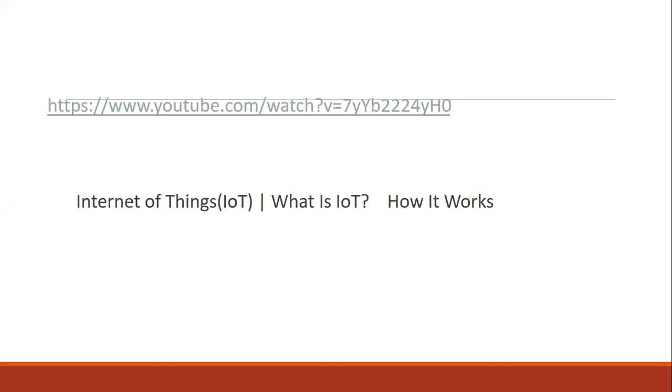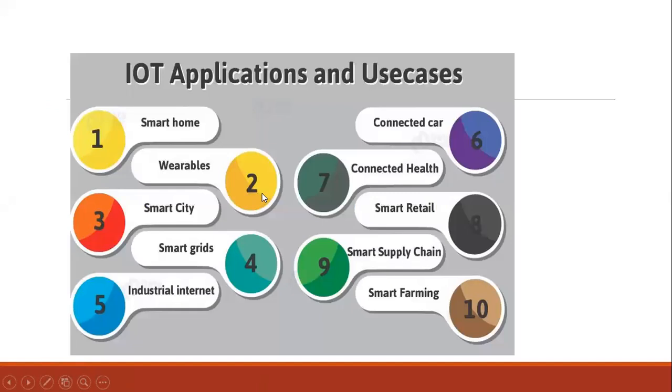So in this video, you have seen there are so many applications of IoT. It includes agriculture, it includes self-driving cars. You have seen that there are different domains which are benefited by the Internet of Things. It includes the health sector also.